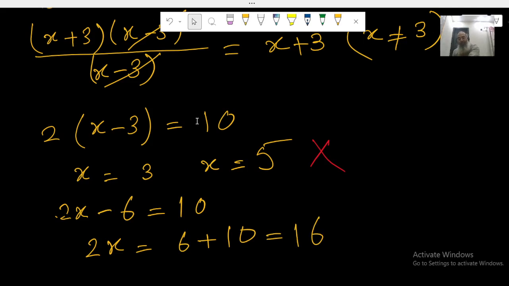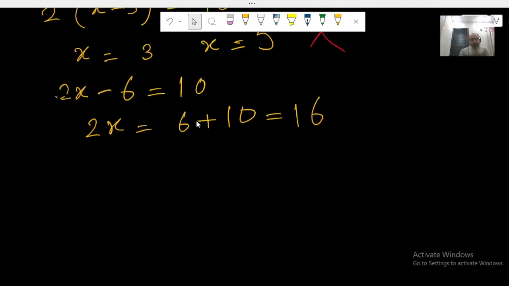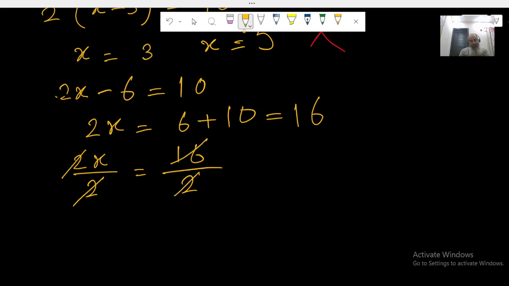Okay, so if you divide 2 on both sides, you should show it here. Now cut it here. It's clear now, and clarity wins marks actually. So here x is equal to 8. So what's the key idea? That skipping steps leads to wrong answers and not just lost marks.